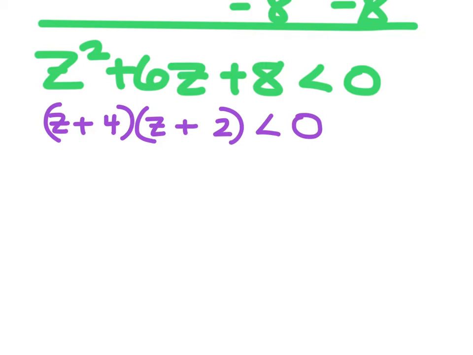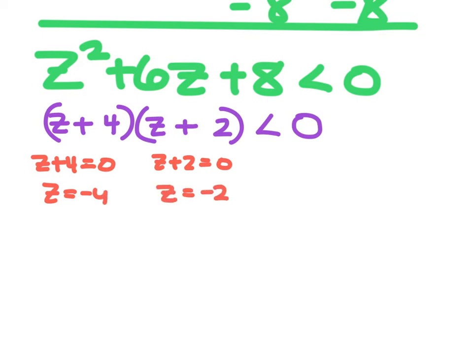I want us to solve this and pretend for a second that we were solving an equation. So z plus 4 equals 0, and z plus 2 equals 0. And I get 2 answers, z equals -4, z equals -2. These are not the solutions. These are your test intervals, your critical values.